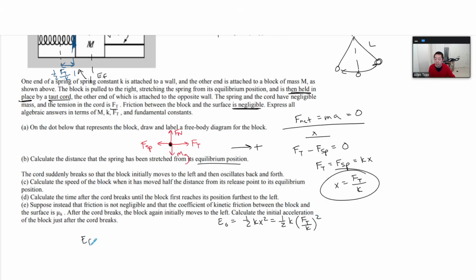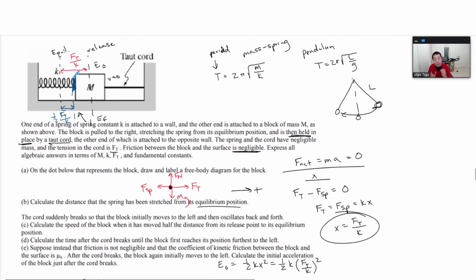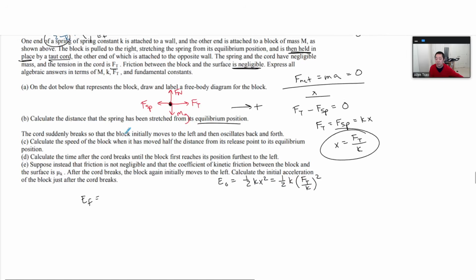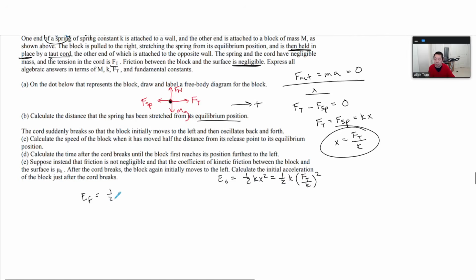The final energy has two forms of energy, because at this point, the spring is still stretched, not as much, but it's still stretched some. It's stretched this amount, right? Because the spring is halfway to its equilibrium position, so it's still being stretched, just less. So here it has two forms of energy: a spring energy and a kinetic energy.